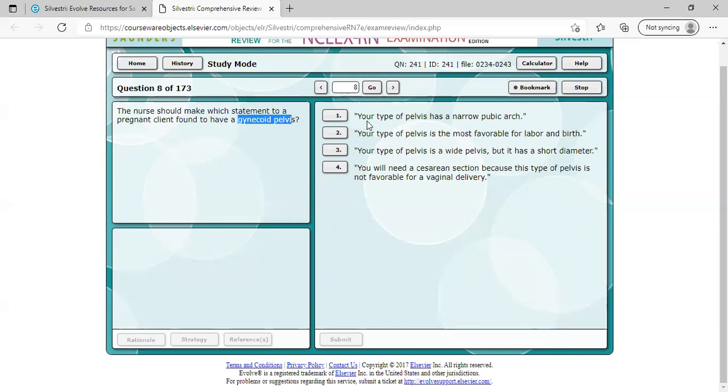Number one, your type of pelvis has narrow pelvic bones or arch. Number two, your type of pelvis is the most favorable for labor and birth.